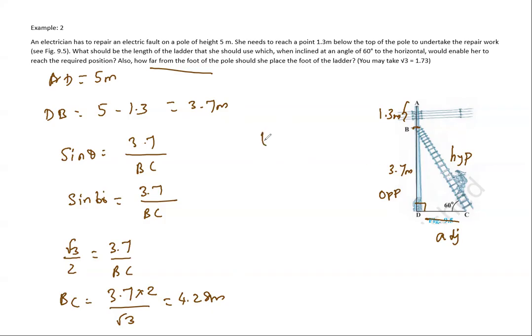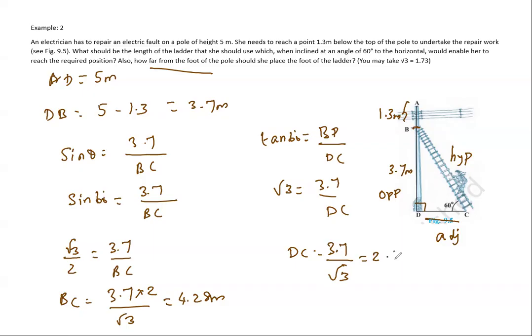So tan 60 is BD by DC. Tan 60 value is root 3, BD value is 3.7, and I don't know the DC value. DC is equal to 3.7 by root 3. If we simplify, we get the value as 2.14 meter.